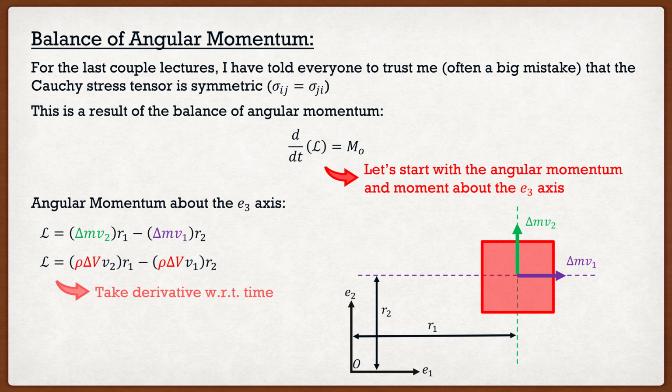And then we're just going to take the derivative with respect to time. Now, it sounds like we're going to do something crazy, but we're not. All I did to this equation was add d over dt to the beginning of each one of the components.